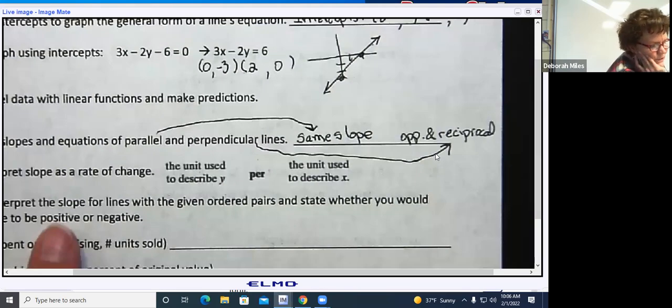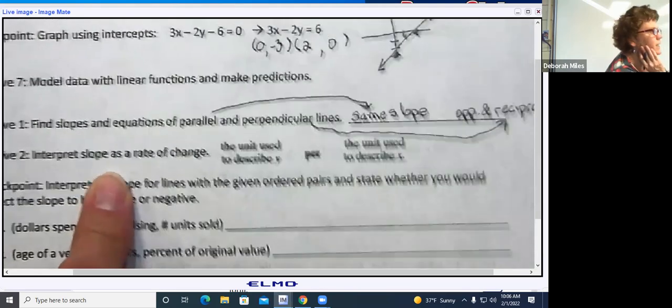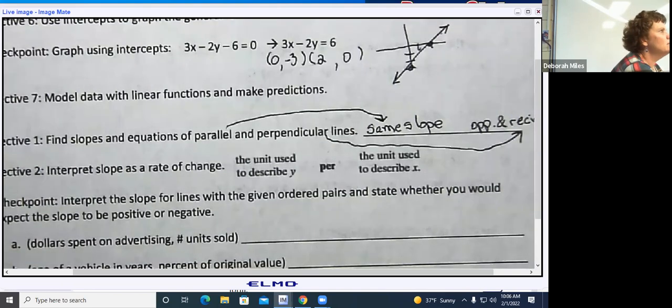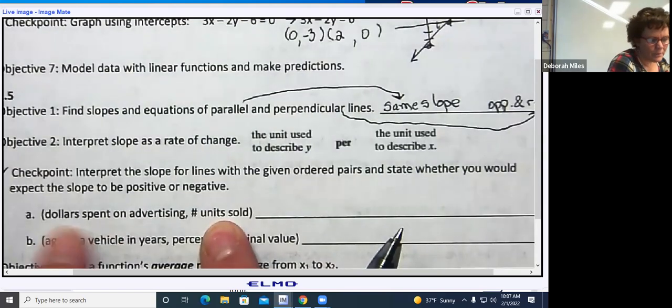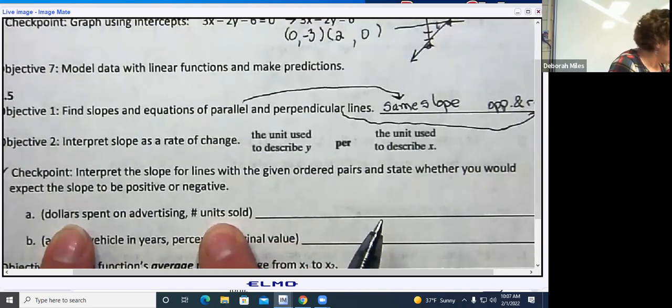The second thing in 1.5 is interpreting slope as a rate of change. I find a lot of times folks get the number correct for slope and then don't really understand what it is when they're doing a word problem. If you're doing a word problem, that slope is the rate of change in Y per change in X. For example, if I had ordered pairs that were set up, the X's are dollars spent on advertising and the Y's are number of units sold.